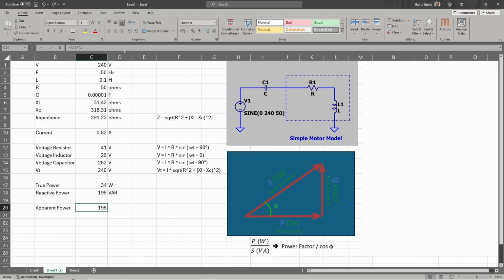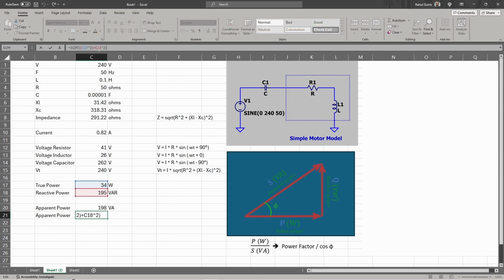So we can now calculate the apparent power. As before, we can do this in two ways. The first way is just multiplying the input voltage times the current through the circuit, which gives us 198 VA. And the second way is using Pythagoras' theorem. We know our true power is 34 watts and the reactive power is 195 VAR.